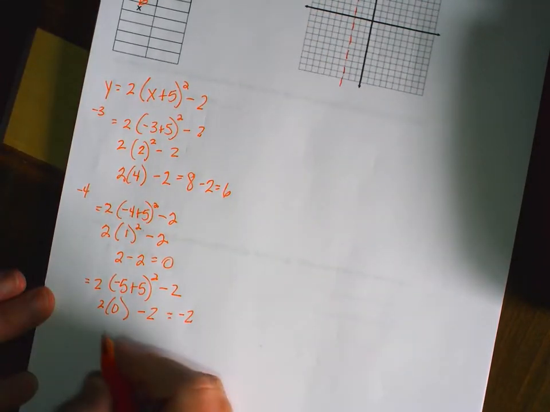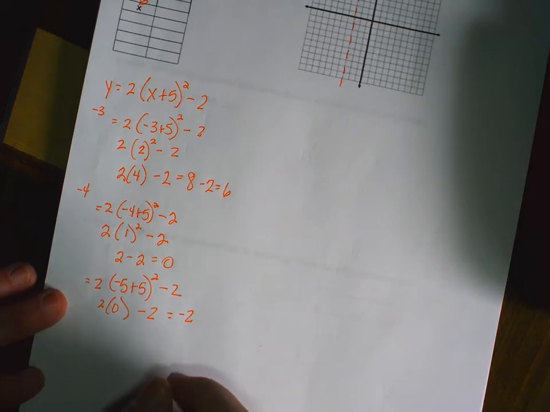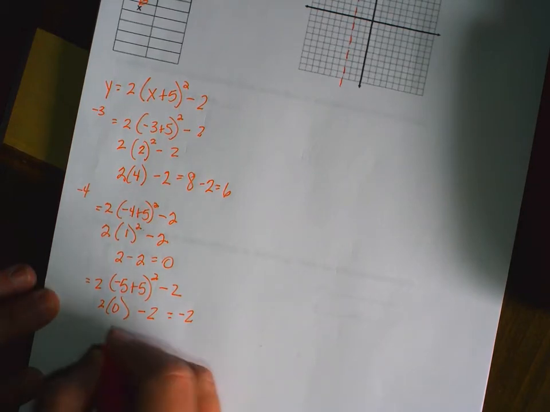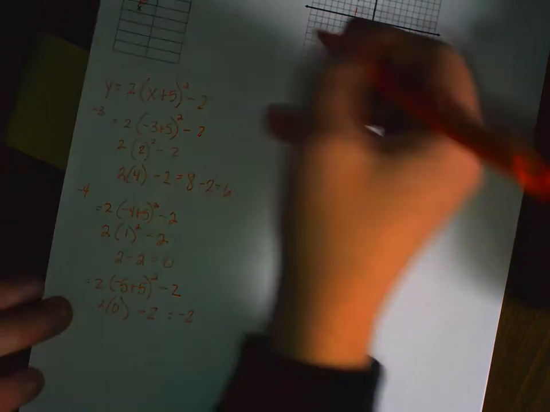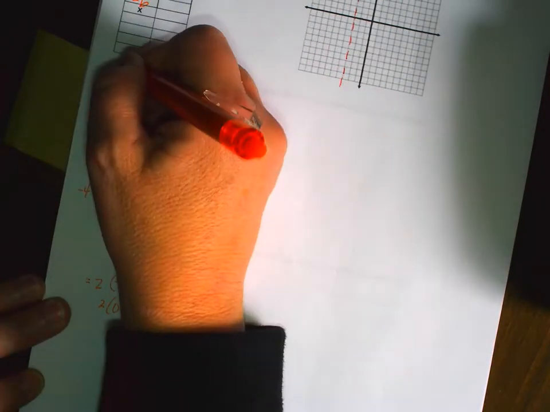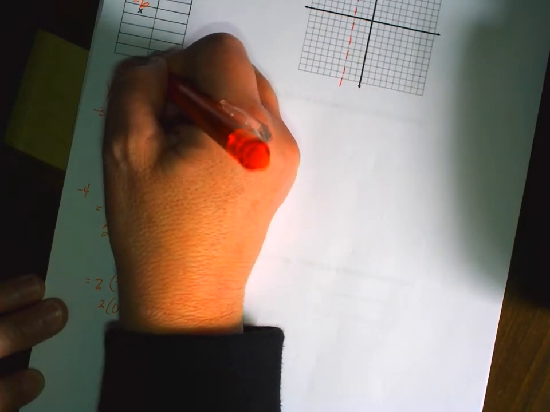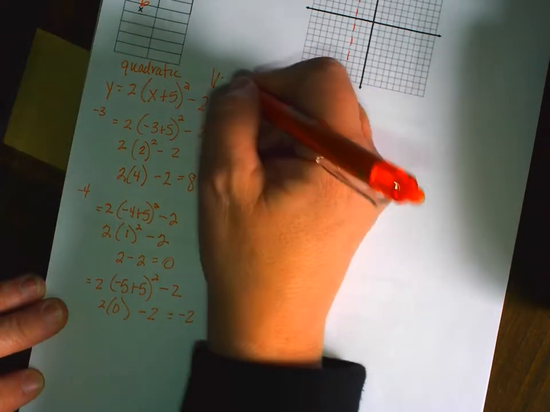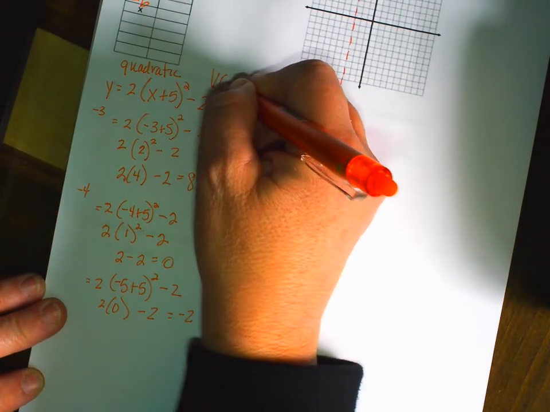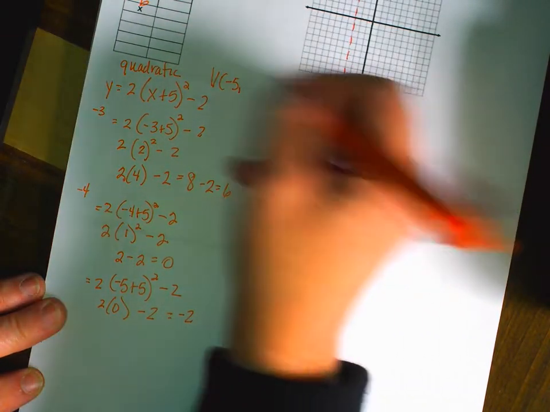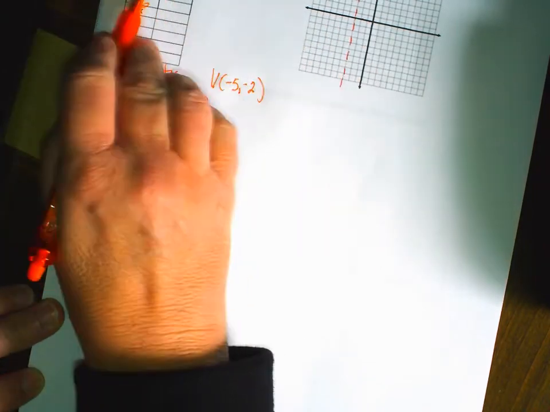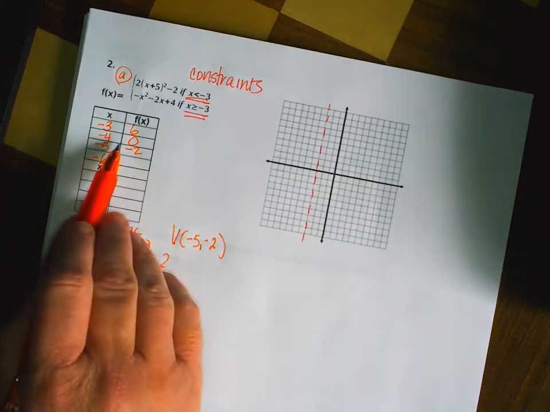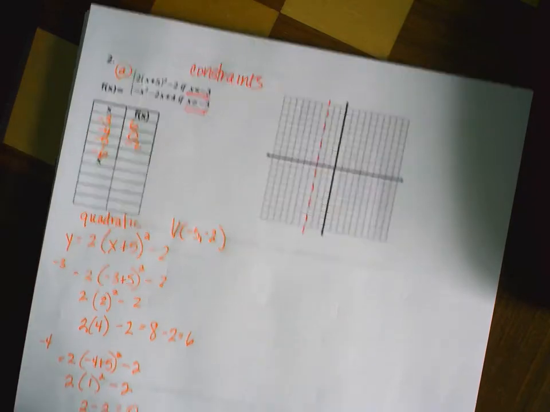Okay, and then that last one is going to be negative 6. Well, actually, our vertex, remember, this is a quadratic. So our vertex is negative 5, negative 2. So I could have just used that for the vertex and not actually done the calculations, but you can see how it works.